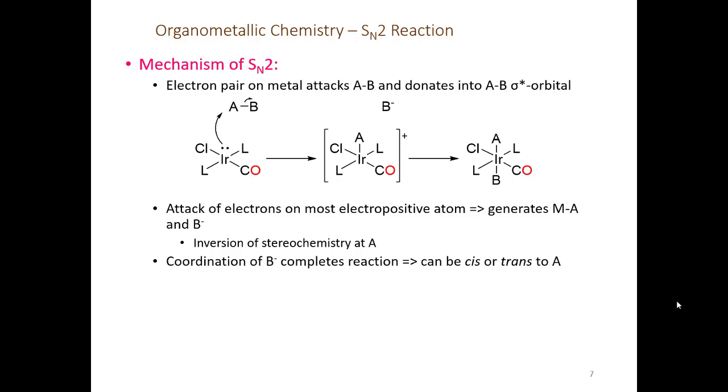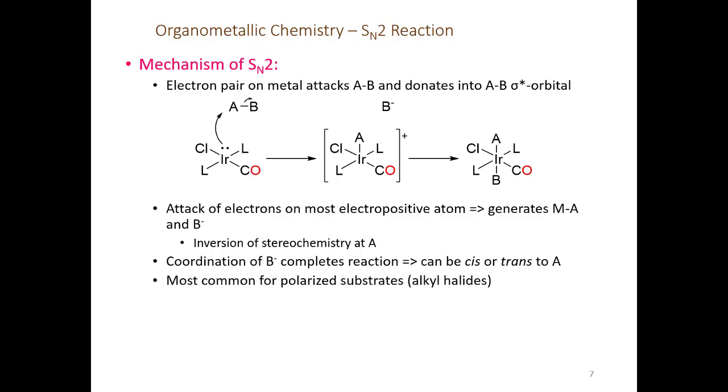Instead, it would be classified as just an electrophilic attack of the metal on AB. So just to sum up, in this mechanism, in the first step, the metal center attacks AB and is oxidized by 2 electrons. Then, upon coordination of your leaving group B, the electron count of the resulting metal complex increases by 2 over the starting material.